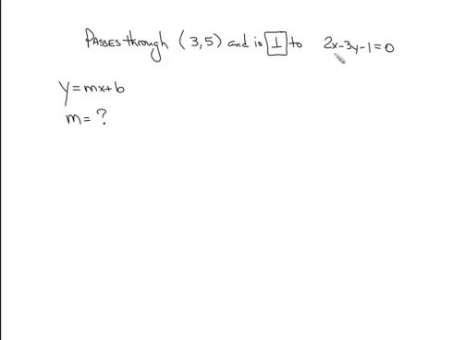So the first thing I'm going to do is put this into slope-intercept form. In other words, get y by itself. So those cancel, and we get negative 3y equals negative 2x plus 1. We're going to divide everything by negative 3.